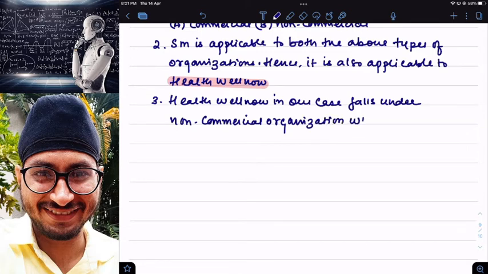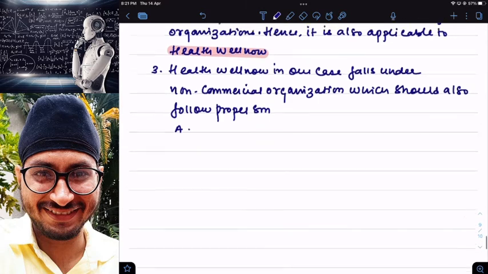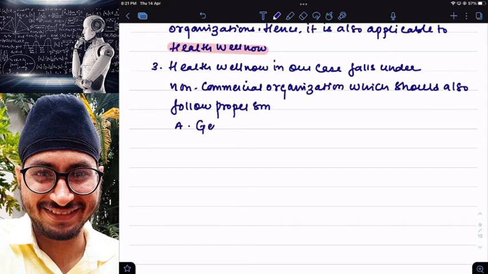Organization which should also follow proper strategic management. For what purpose, sir? Example, sir, like, why should they follow strategic management? If they have a proper strategy, they should have a proper strategy for what? Generating funds. Example number one, generating funds.